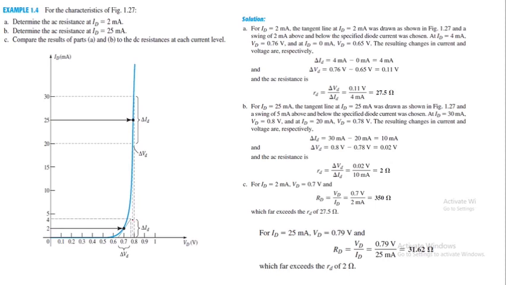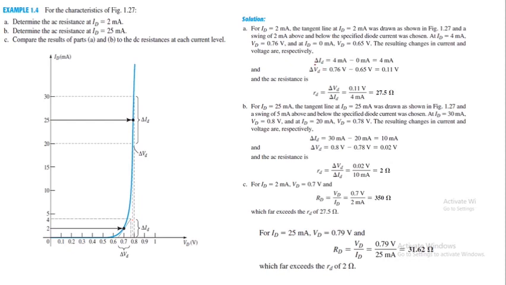So if you draw a tangent line, we assume that the swing is 2 milliampere upward and 2 milliampere from this point toward the horizontal axis, that is, ID will be 0 for the lower value and ID will be 4 for the higher value.